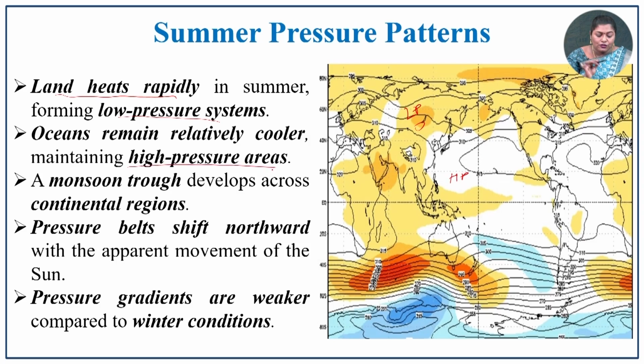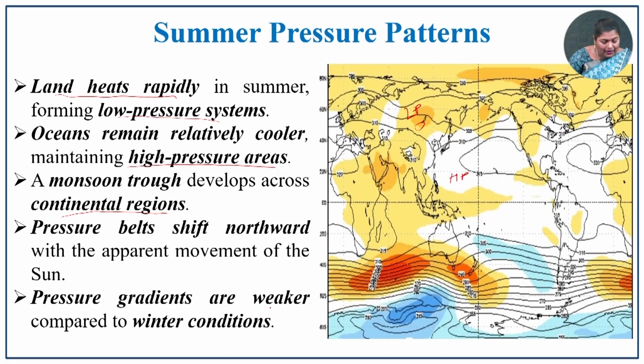The monsoon trough develops in the continental region, and the pressure belts shift northward and southward because of the apparent movement of the sun. The pressure gradients are weaker compared to winter, when the pressure gradient is much stronger than in summer.